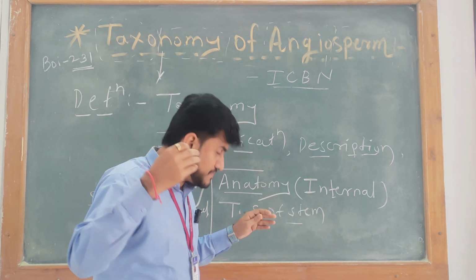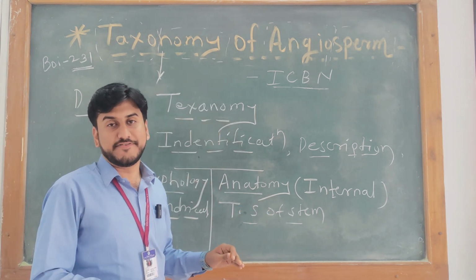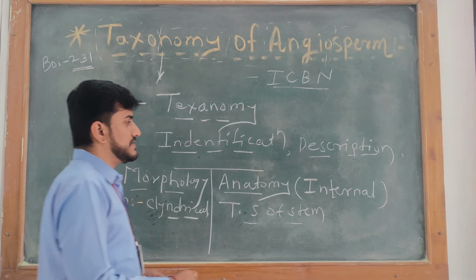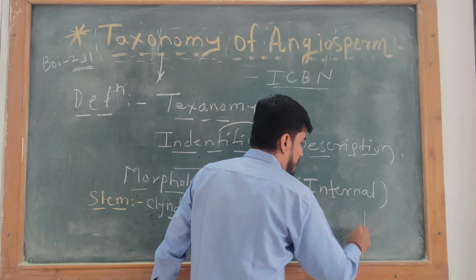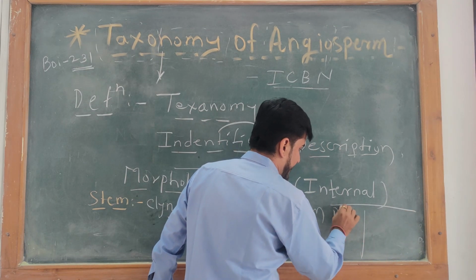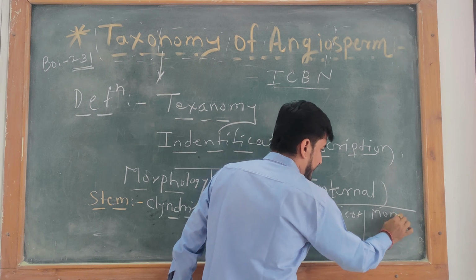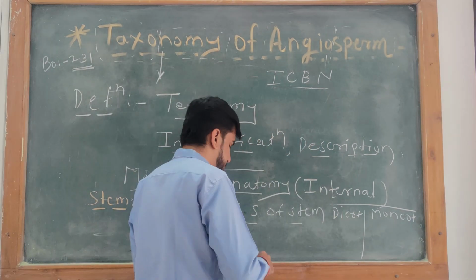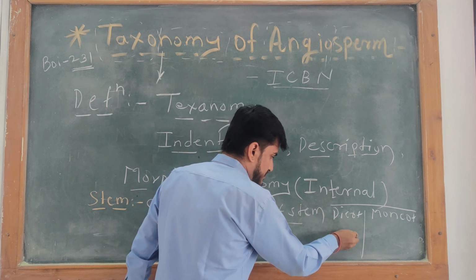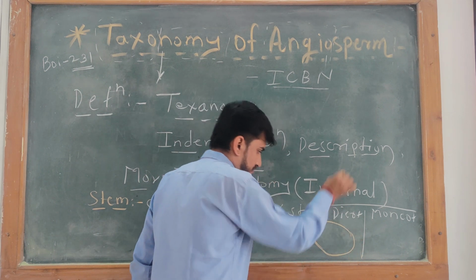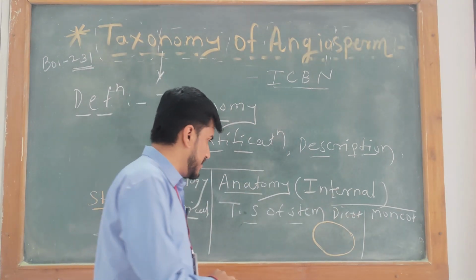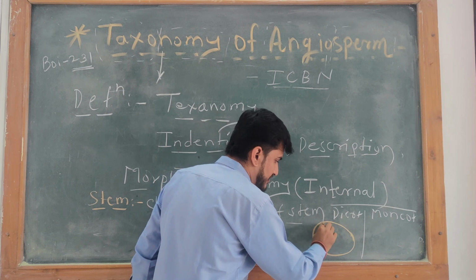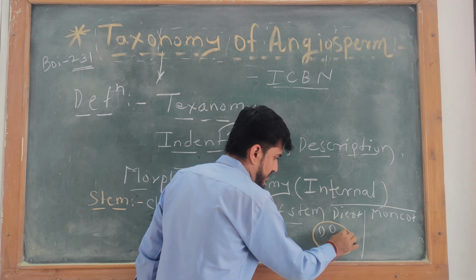After taking the transverse section, you have to observe the sections of the plant, again dicot and monocot. After taking the TS, you observe this TS under the microscope. In this section, the arrangement of the vascular bundles is the most important.